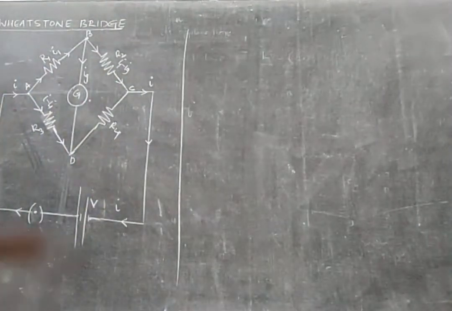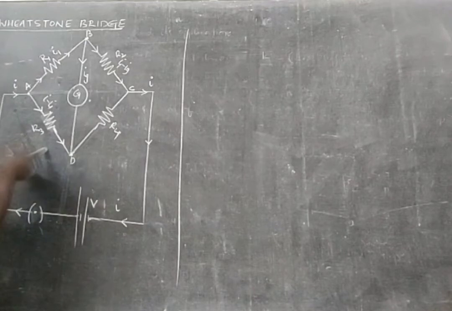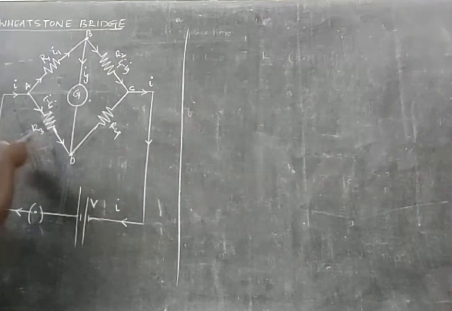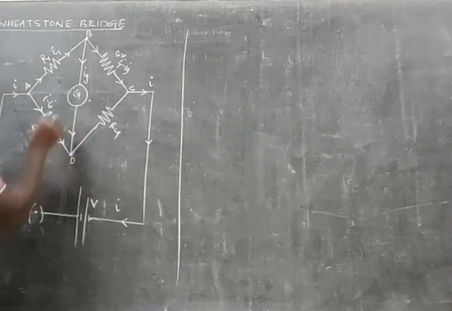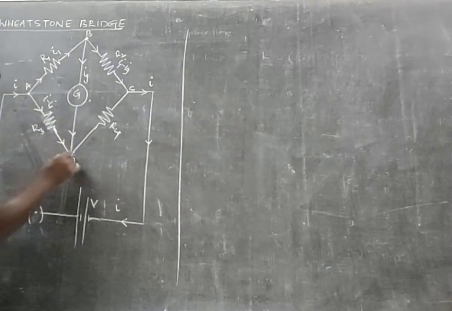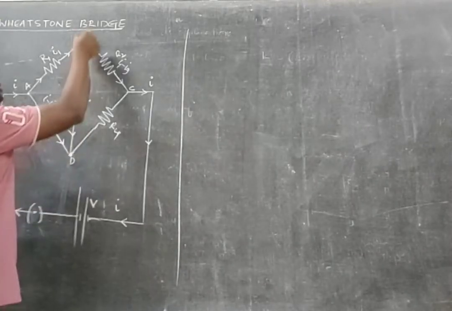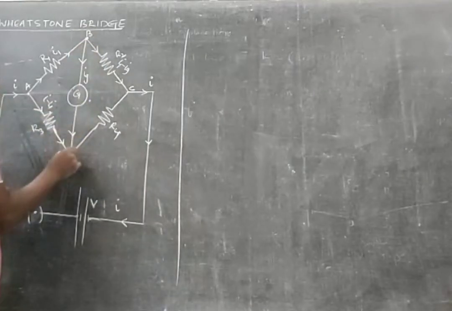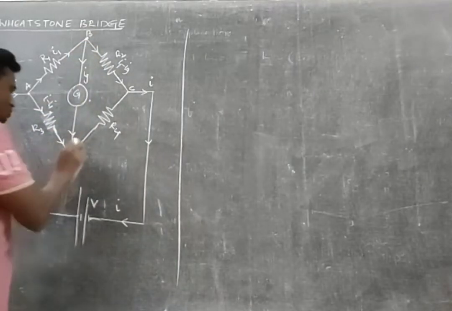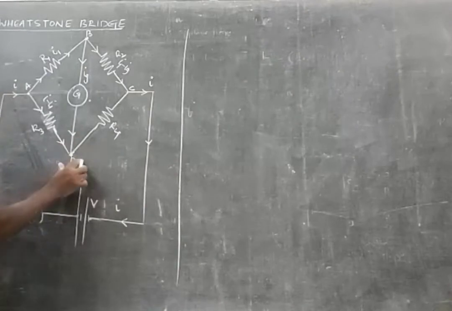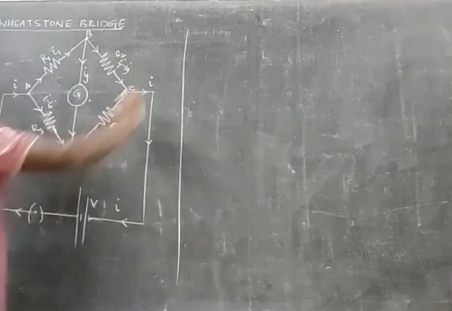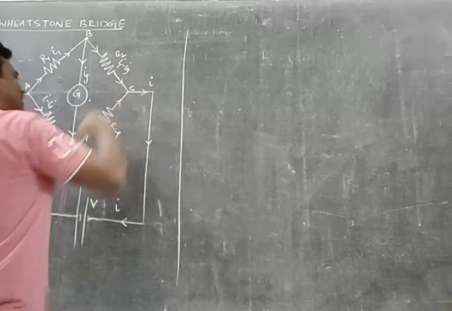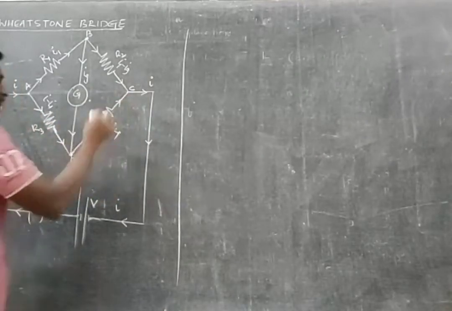Now coming to this situation, from R3 the current reaches junction D, and from junction B the galvanometer current has also reached junction D. At this junction, the sum of these two currents enters resistor R4.